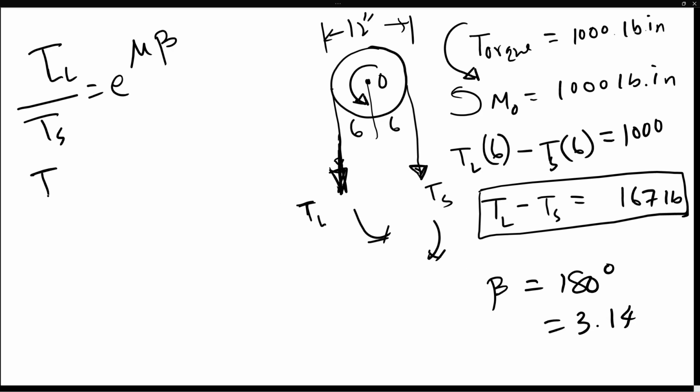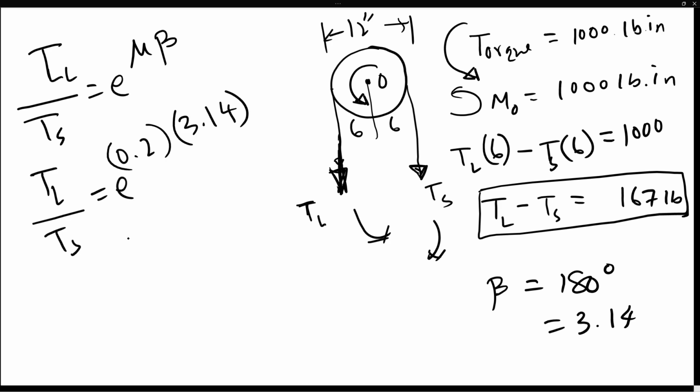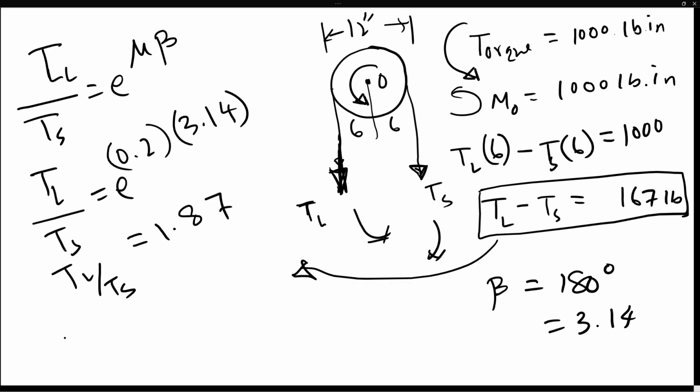So TL by TS is e to the power of 0.2, say, the friction coefficient, times 3.14, and I found that TL by TS is 1.87. So we can use this equation here. We can plug in the value for TL as 1.87 TS.